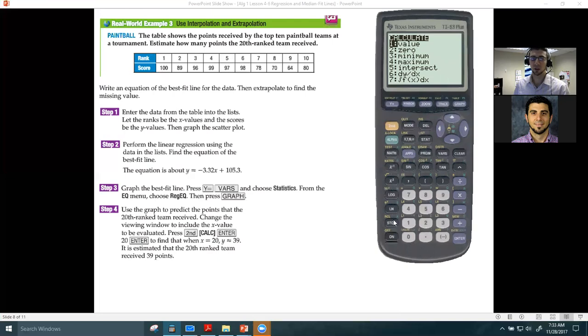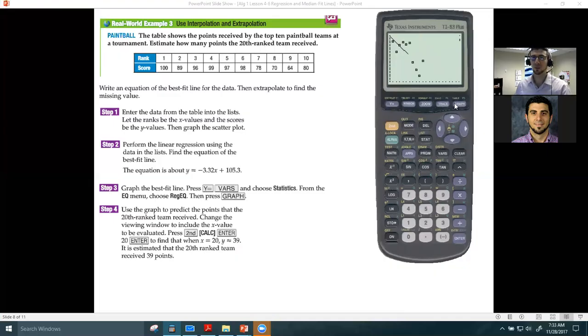Number one is value. I want to calculate a value, and I'm going to put 20 in. Now it's saying 20 is wrong. Can't put in 20. Well, the reason is if you go to your window, the X max value only goes to 10.9. So let's make this go to 21.